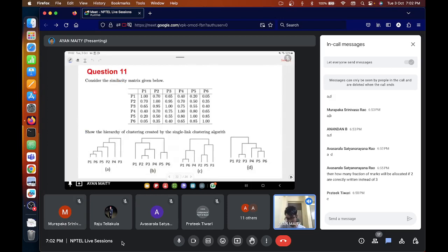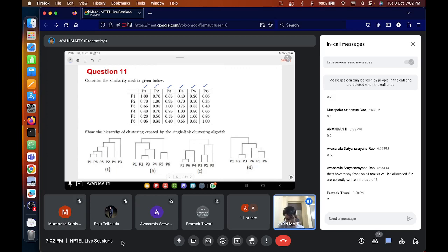Now question 11. Consider the similarity matrix given. There are 6 points P1, P2, P3, P4, P5, P6. For these 6 points, this is not a distance matrix. This is the similarity matrix for these 6 points.